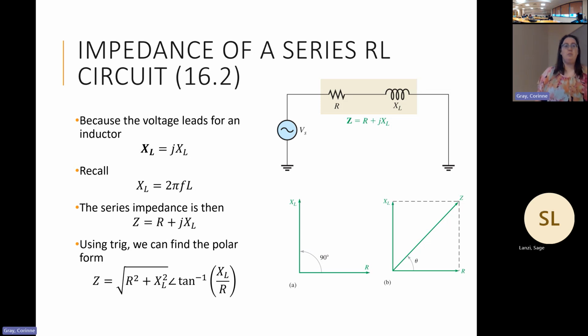So the magnitude equation is the same that we had before, except now it's XL squared. And for our angle, it's the inverse tangent of XL over R. Because of how this is set up, that is going to put us in the first quadrant, which means that our angle is between 90 and 0 degrees.